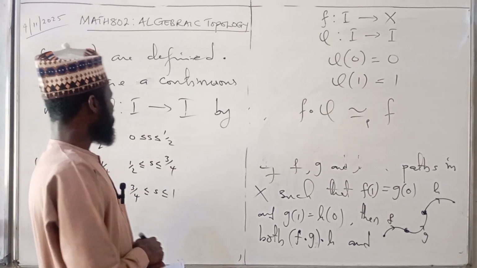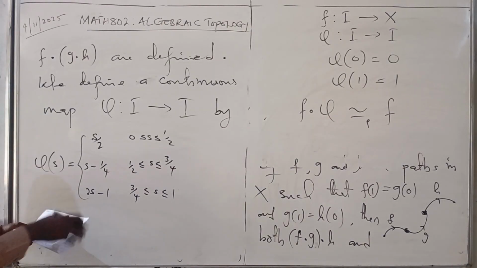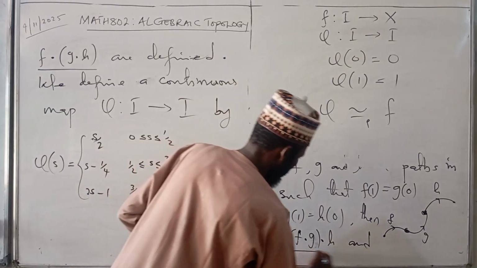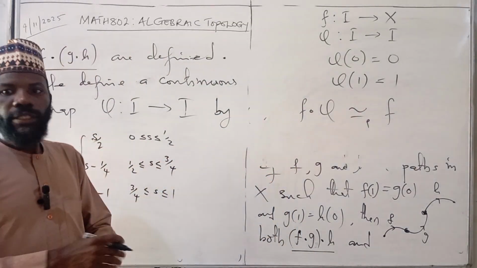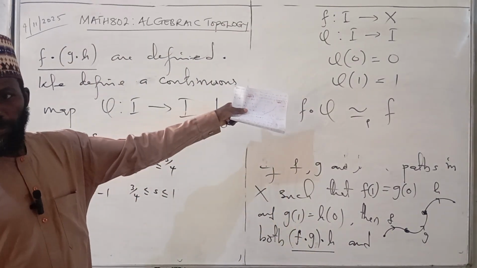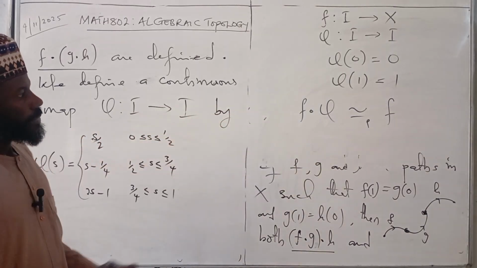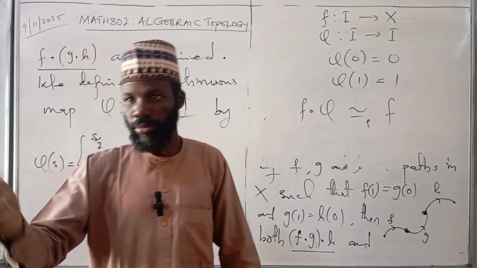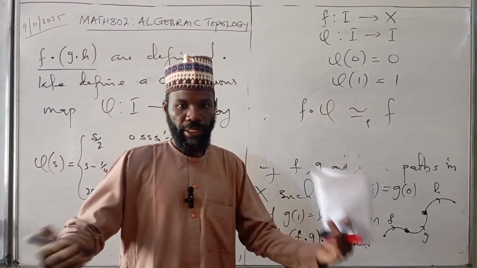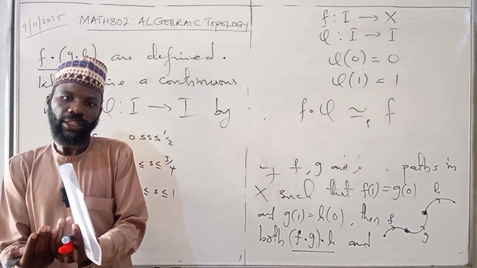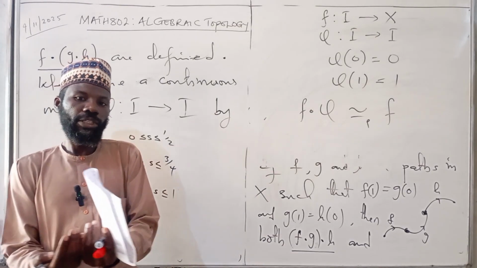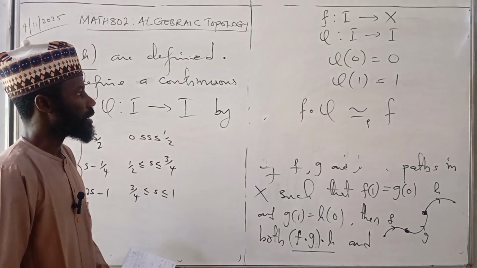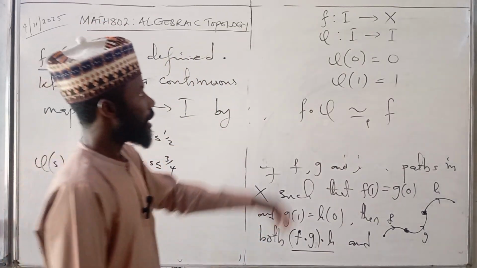Okay? So the same thing I want to do here. If I can show that this is a reparameterization of that, then I think the proof is over, because we will just invoke that lemma. So if you are dealing with two paths, that is lemma 2.2. If you want to show that they are path homotopic, just establish the fact that one is a reparameterization of the other. And how do you get that?